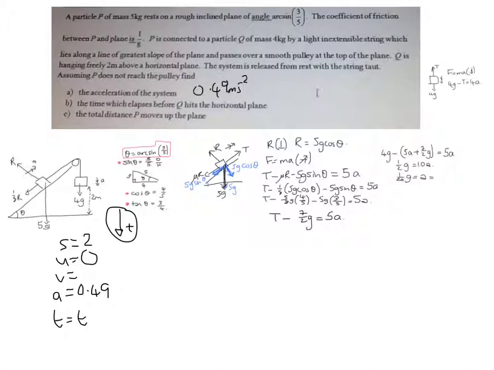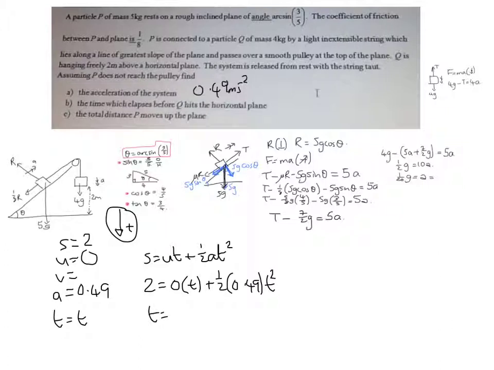So I want the equation without a v in it, which is s equals ut plus a half at squared. So we get 2 is 0 lots of t plus a half times 0.49 t squared, which gives us t is 2.857 seconds. So that's how long it takes.